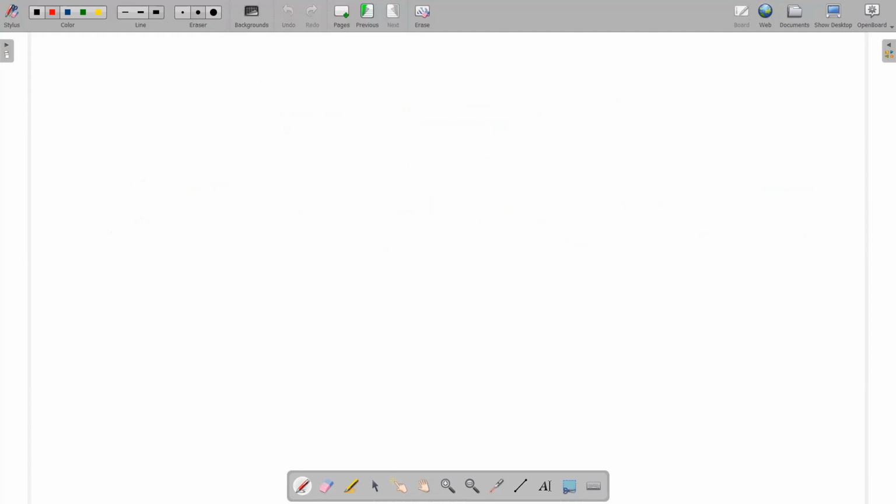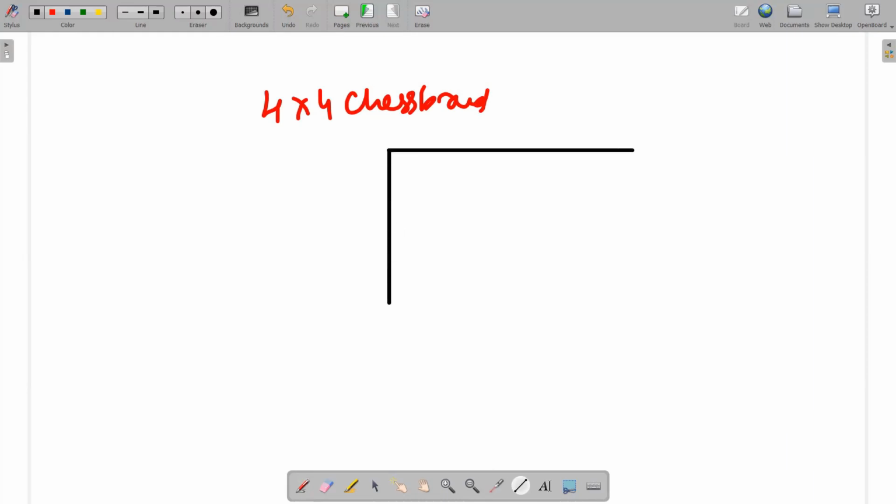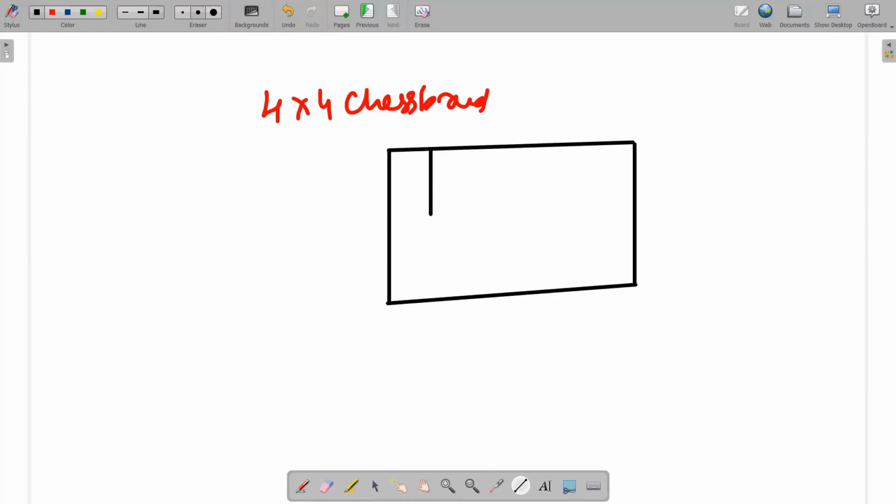Since I told you that there is a 4 by 4 chessboard, we have a particular chessboard in this way, with first, second, third, fourth.